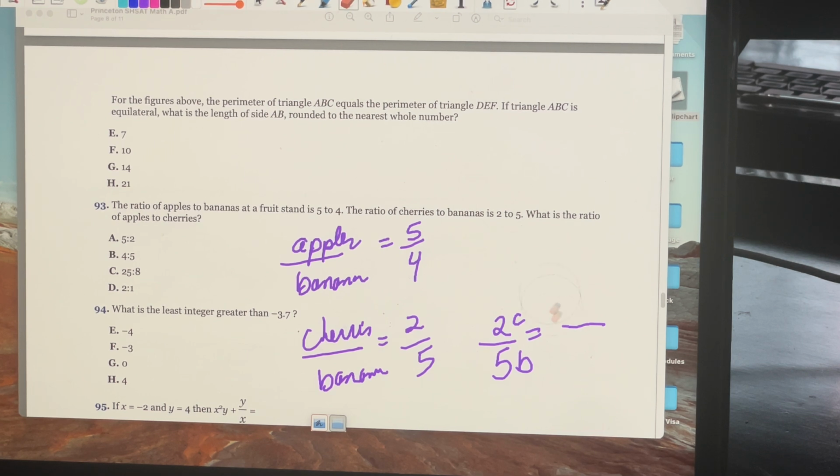I'm going to change these two ratios so they have something in common. So when there are 20 bananas, times 5, this would be 25 apples.